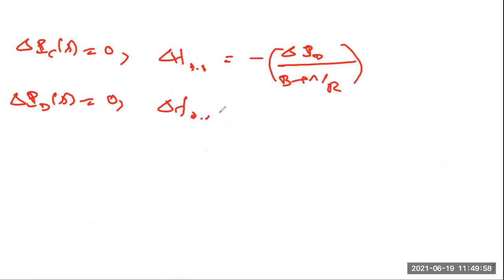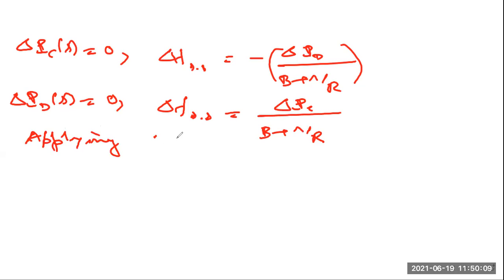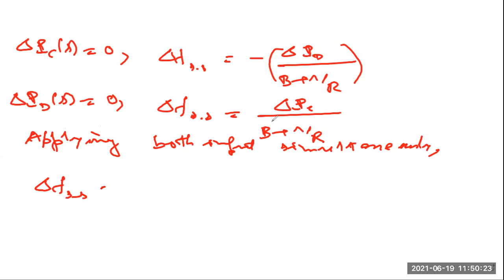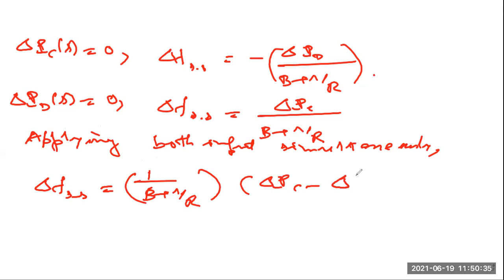So delta F steady state equal to delta PC by B plus 1 by R. So applying both inputs, when two inputs are applied simultaneously, delta F steady state will be this plus this. So 1 by B plus 1 by R is taken common. So this is delta PC minus delta PD. Is it clear?